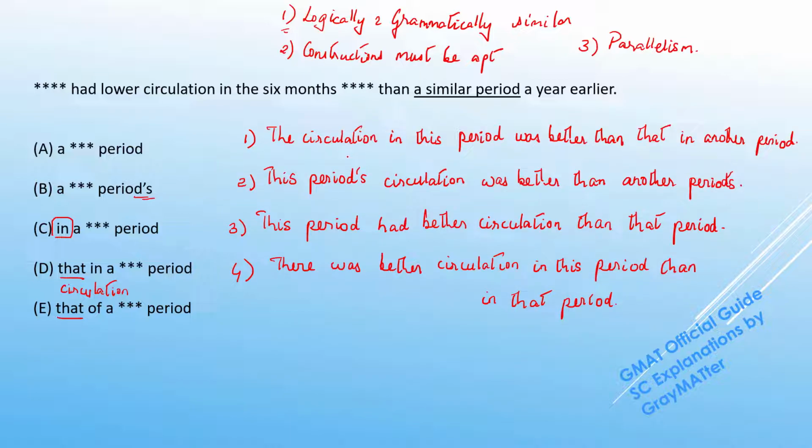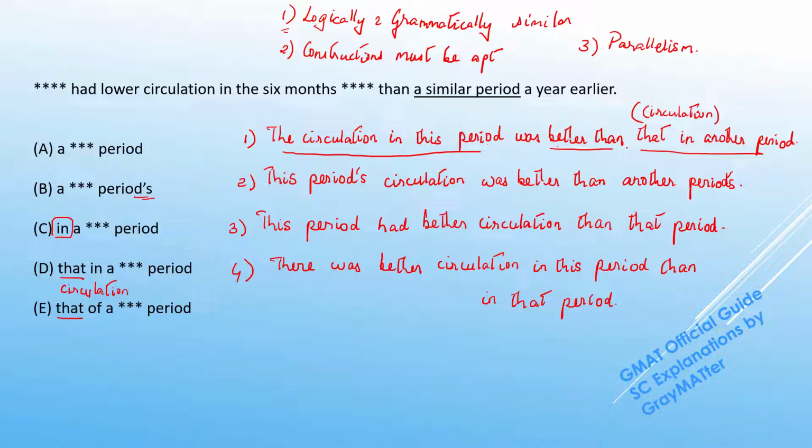So now look at these four sentences and see exactly how the comparisons are being done and how the parallelism has come into play. So the circulation in this period, put as a prepositional phrase, was better than that in another period. So the that pronoun is referring to the circulation, and this has also been put in a prepositional phrase form.